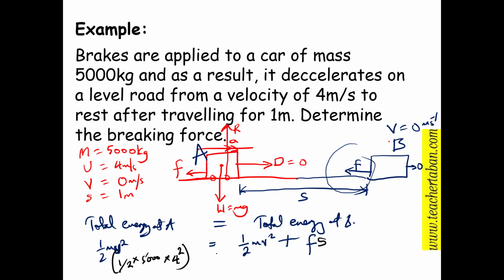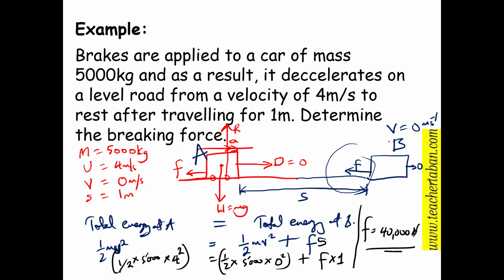This must be equal to a half times the mass, which is 5,000, times the final velocity, which is 0 squared, plus the force that we need times the distance, which is 1 meter. When you solve this equation, you'll find that F is equal to 40,000 newtons. So this is another way of solving this problem.